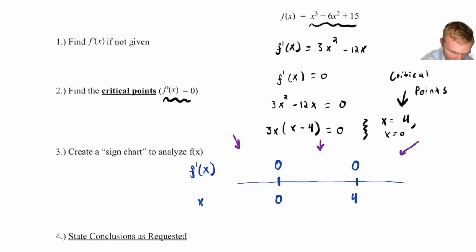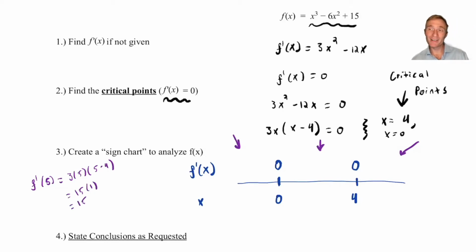If we plugged in 5, f prime of 5, and eventually I'll stop writing this, I'll just talk through it. f prime is 3x times (x minus 4), so it would be 3 times 5 times (5 minus 4). That's going to be 15 times 1, that's going to be 15. As you're going to see in a moment, I don't even really care that it's 15. What I care about is that after 4, my derivative is positive. If I plug in any number bigger than 4 for those x's, those terms are both going to be positive. So it doesn't matter. After 4, we're positive.